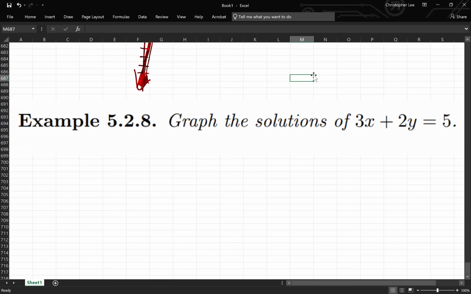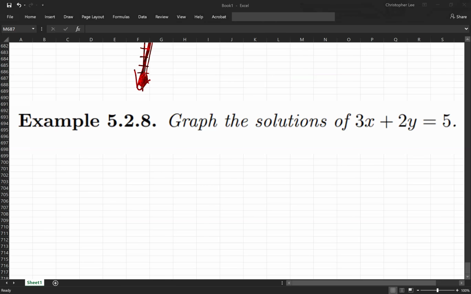Decimals are just fractions. That's all they are. Pick whatever's easiest.